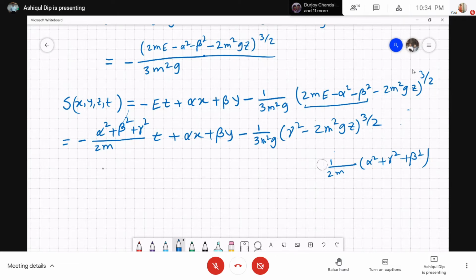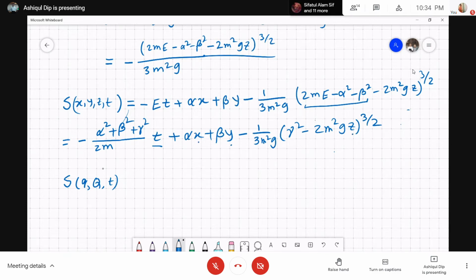So this is the solution for our S. We expect our S to be a function of big Q and t. It's an explicit function of big T, small t, and also an explicit function of all the coordinates x, y, and z.